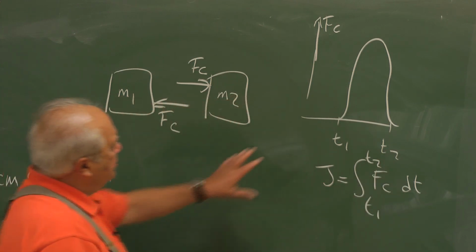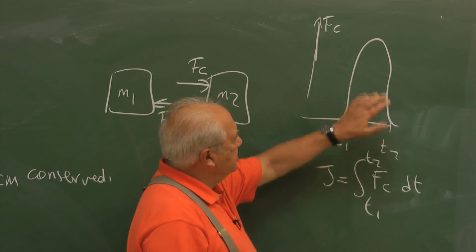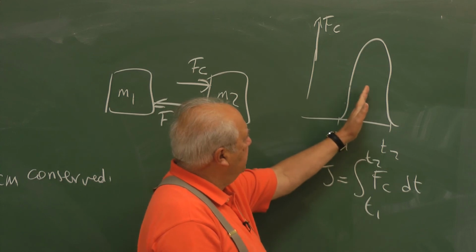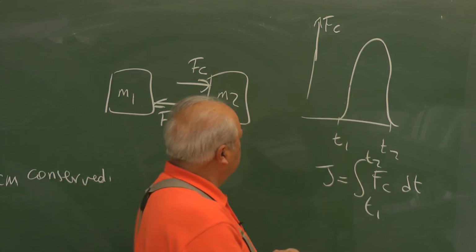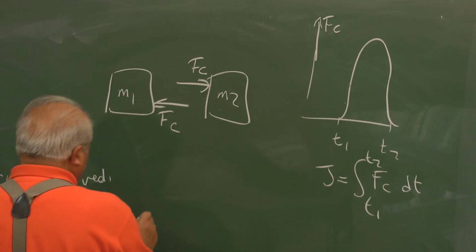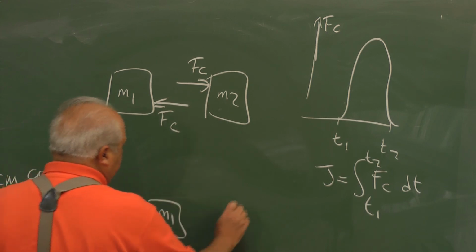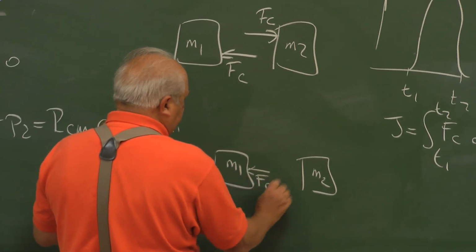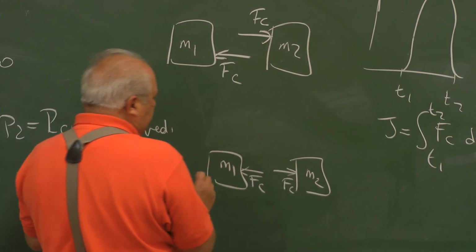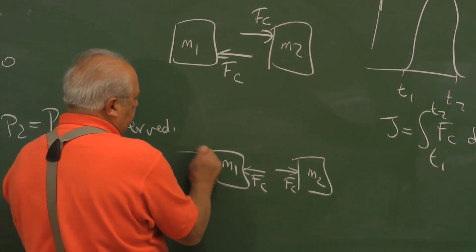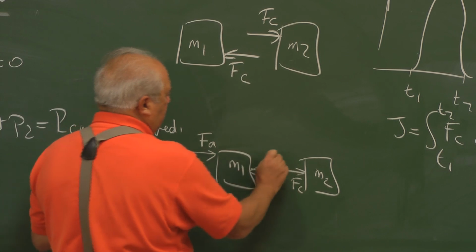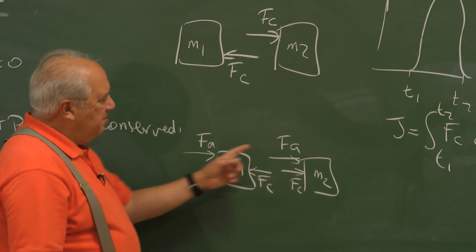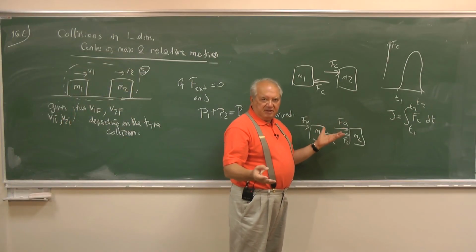Usually these forces are contact collision forces, in a short time, and they are big in magnitude. So on the system M1, M2, I have just separated them. This is the F collision, this is the F collision. But you may also have an external force on them both, for example a gravitational force.